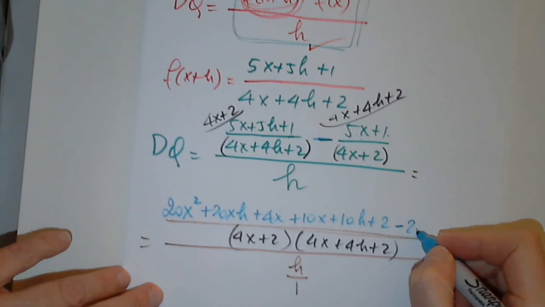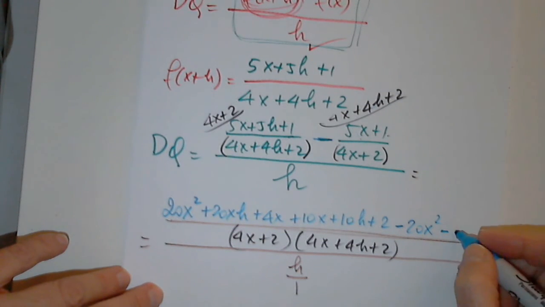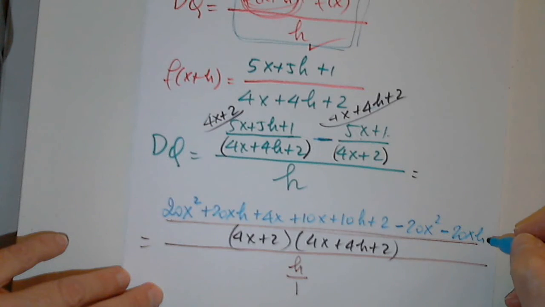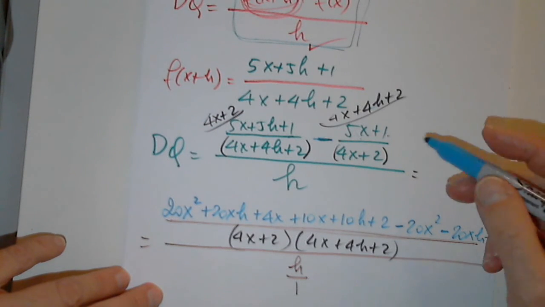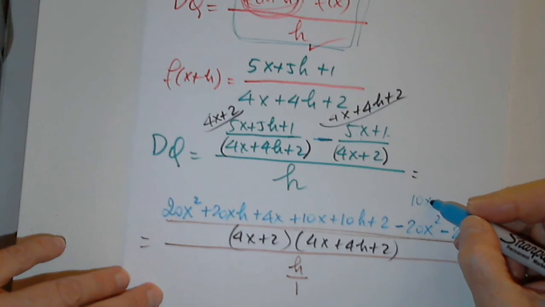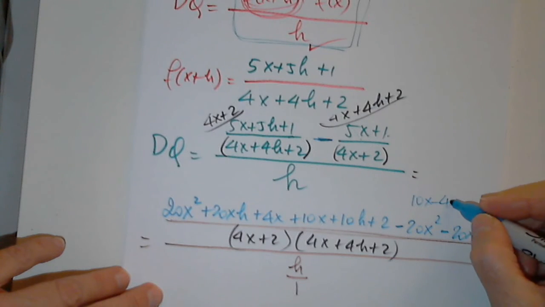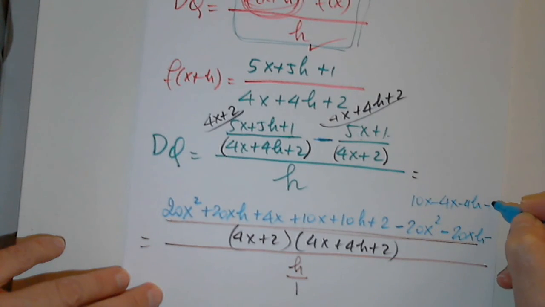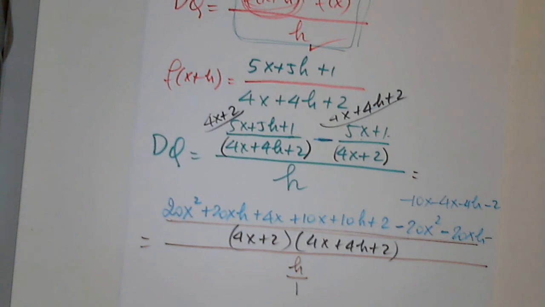So negative 20x squared and negative 20xh and negative 10x and negative 4x and negative 4h and minus 2. In case you're wondering why it's minus minus, no, it's not the double minus. I'm just saying that it hasn't ended. It's continuing.